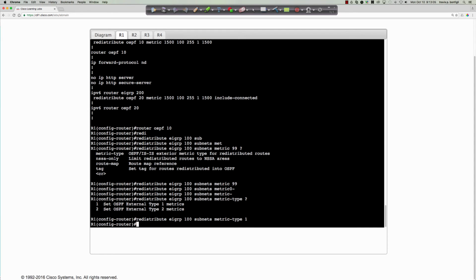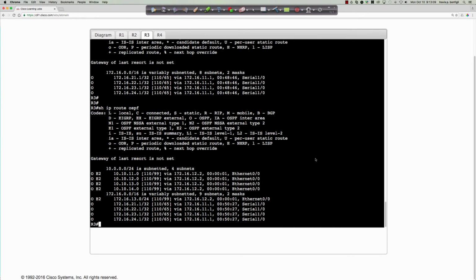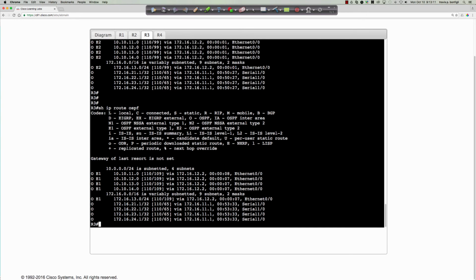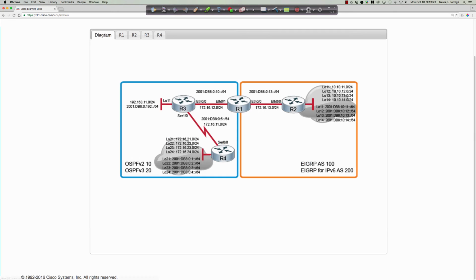Now it goes in with a default seed metric of 20. When we come over here to router 3, what do we see? That it went in with the default seed metric, and now it's at 109 because it comes off of router 1 and it gets redistributed in. So router 3 sees it, and we add the cost of the interface.